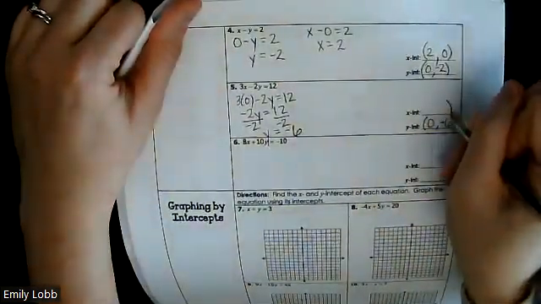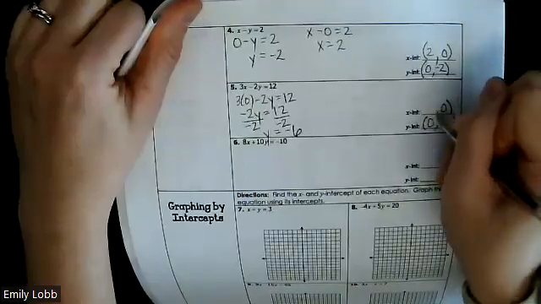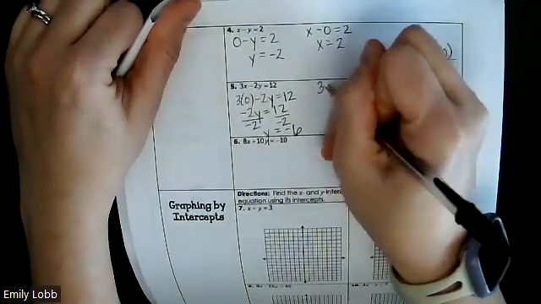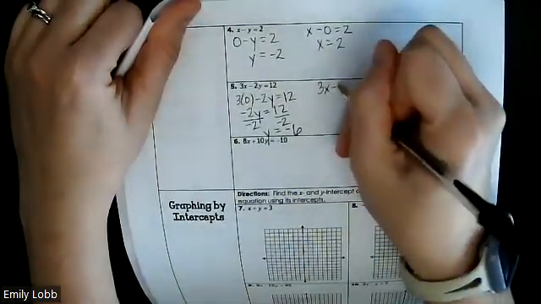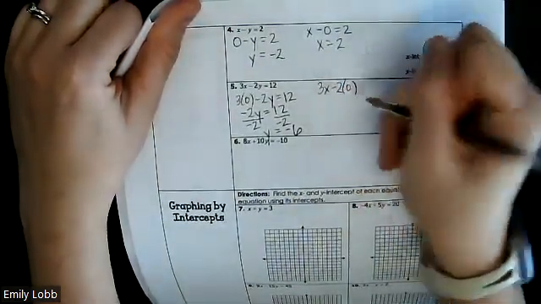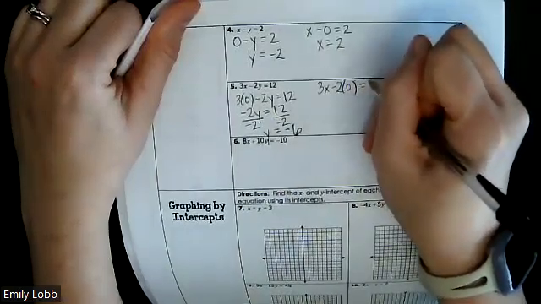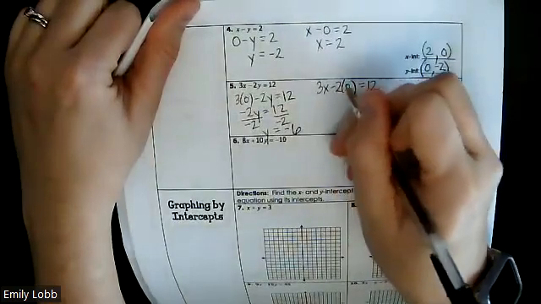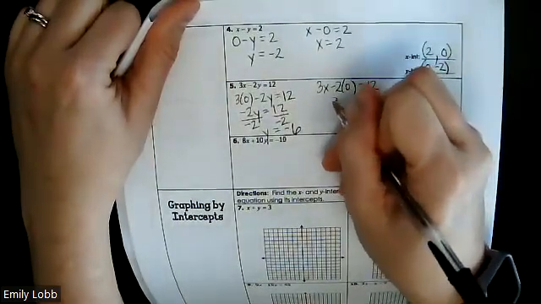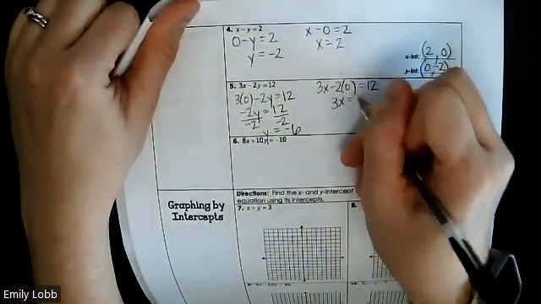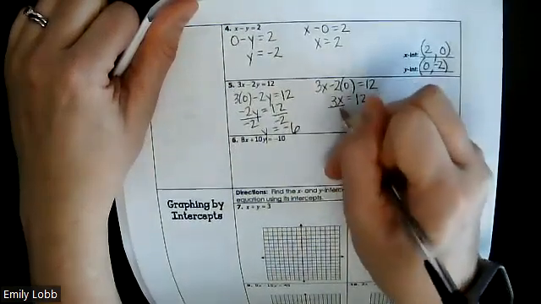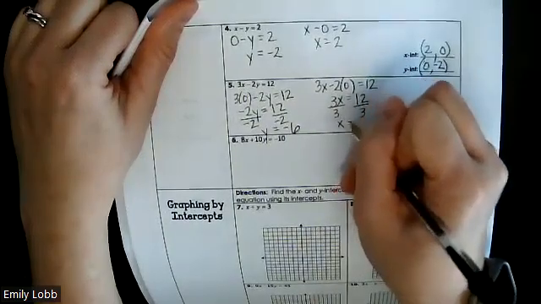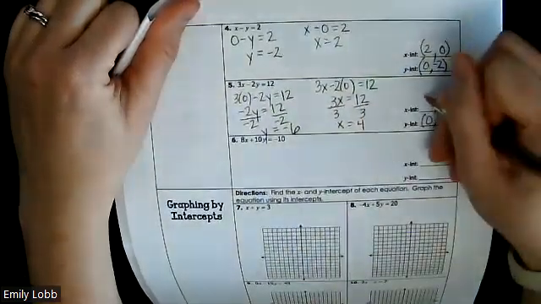Remember, our x-intercept is when y equals 0. So now we have 3x minus 2 times 0 equals 12. This becomes 0, so all that's left on the left is 3x equals 12. So we divide by the coefficient to figure out what 1x is, and that is 4.